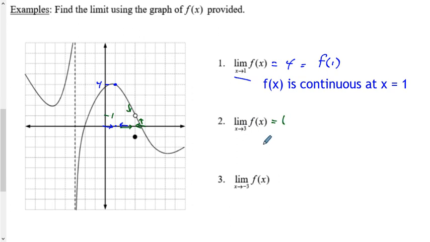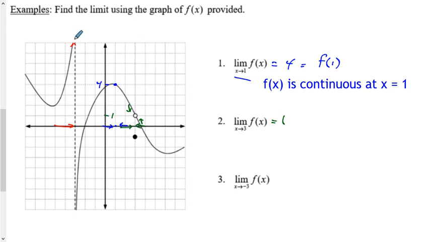Now if we looked at here where x is approaching negative 3, we get a different situation. Because as I look at my left side, my y value is going up and it's approaching positive infinity.